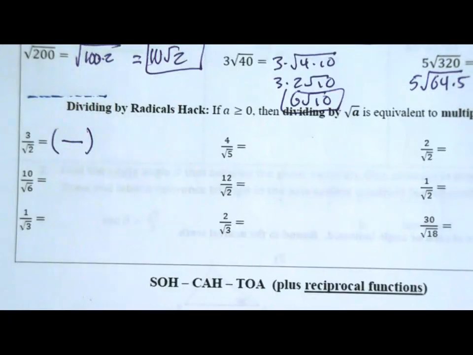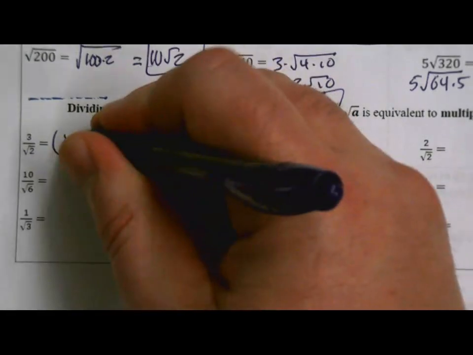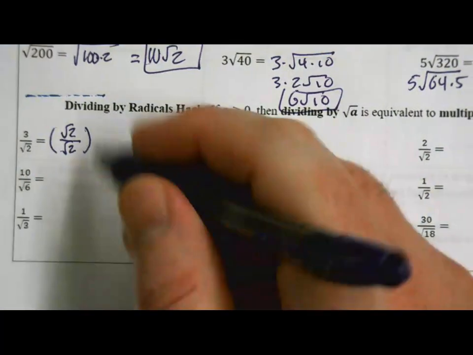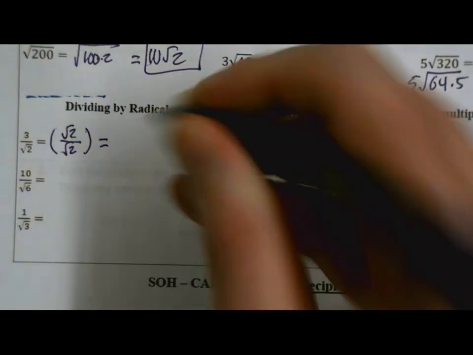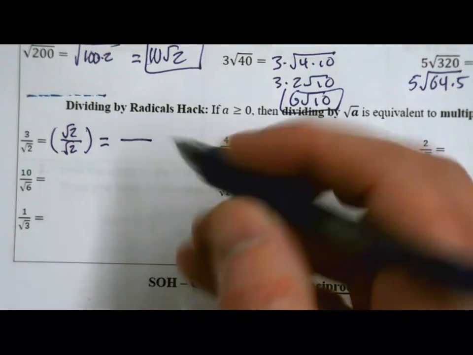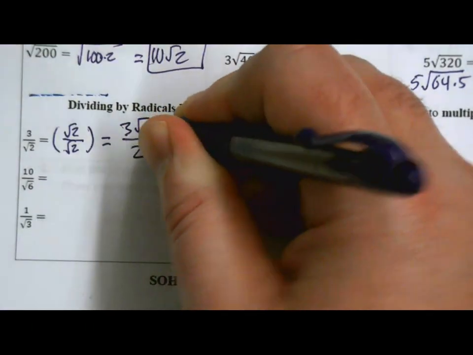What would be your fancy version of 1 for this first problem? Root 2. Root 2 over root 2. Since we're multiplying by 1, we're not changing the value, just the format. The reason we do this is the denominator, when we do root 2 times root 2, that just gives us 2. And now we don't have a radical on the bottom anymore.